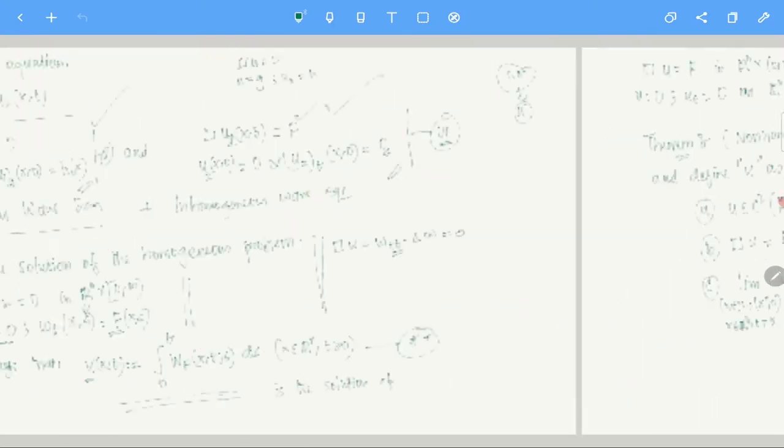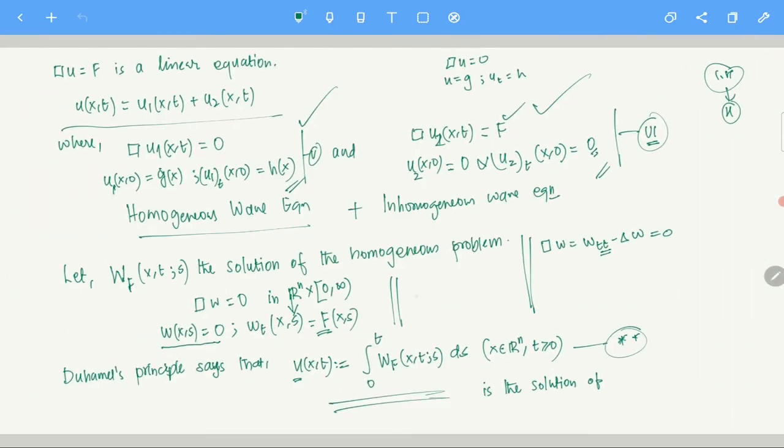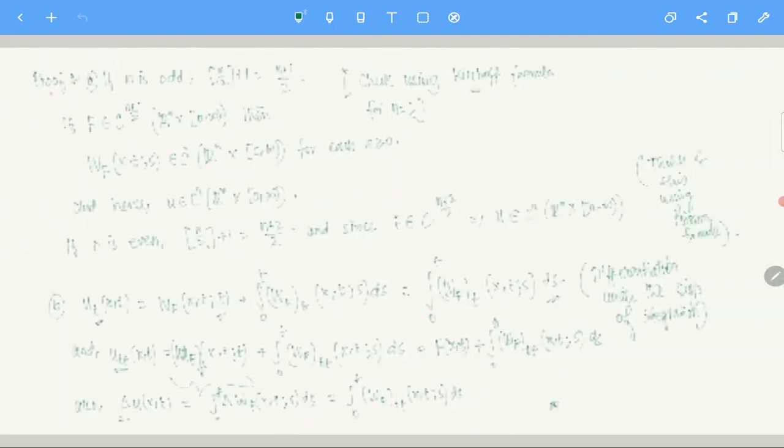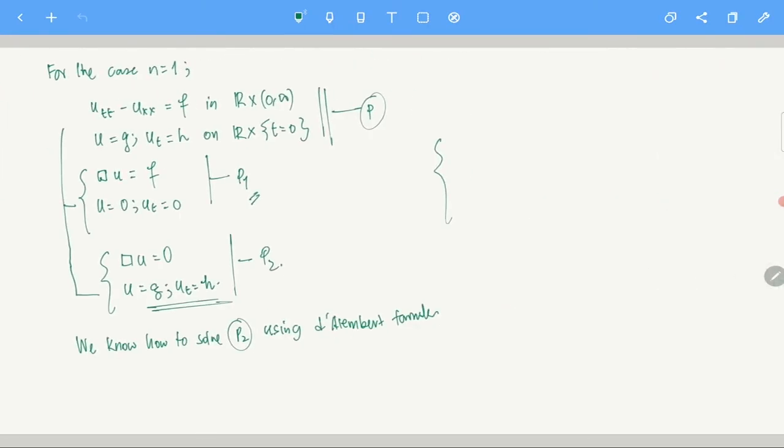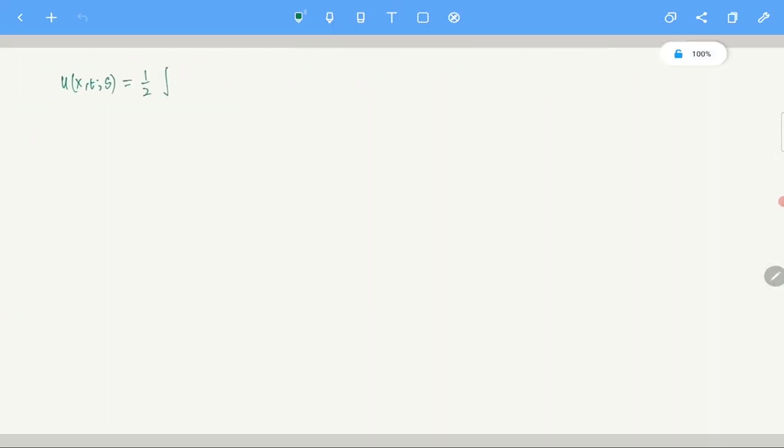So let me write down this problem. Let's call this problem MP. So u of x t s, this is the solution for MP for n equals to 1. You take n equals to 1, and u is the solution of MP for n equals to 1. And how does it look?